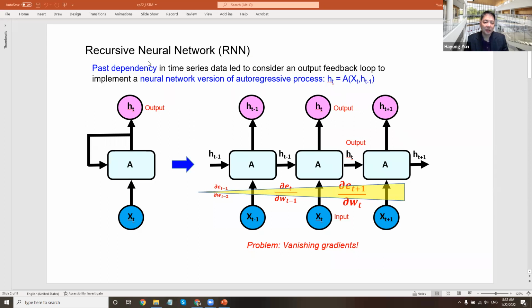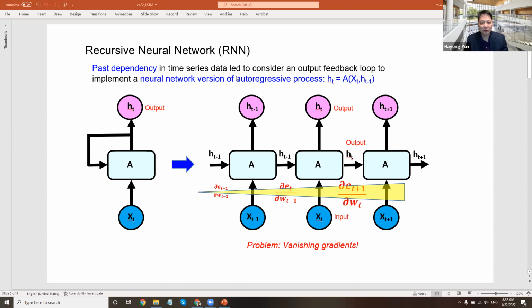So the argument here is that in time series forecasting, we use past data to predict the future data. And oftentimes the past data has an inertia, a momentum that carries over to the next period. So there's a past dependency. If the past GDP was high, then the next period GDP is likely to be high, and so forth.